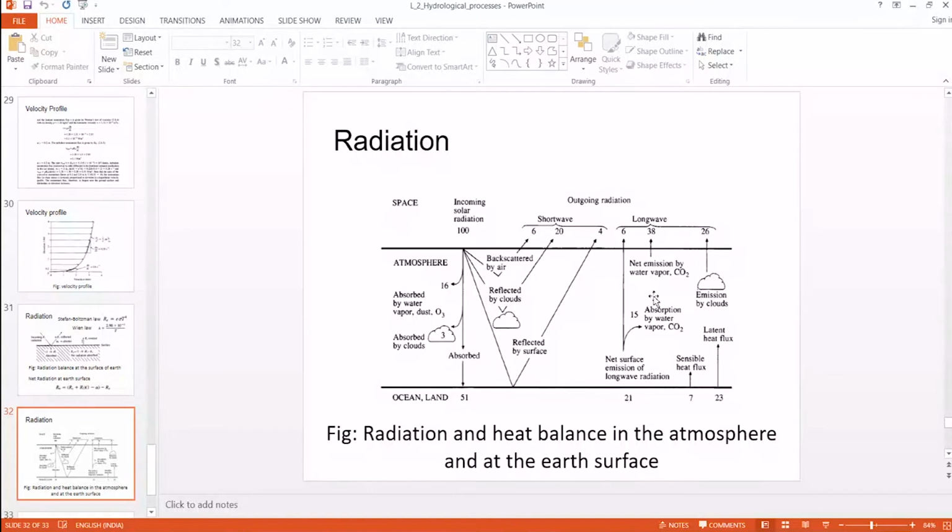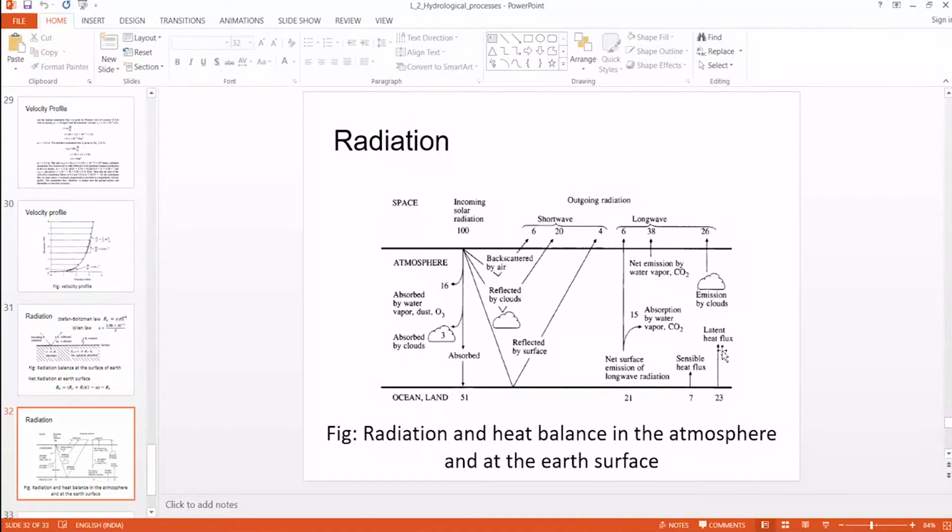Finally, the total of 51 plus 19 is 70 units, and that 70 units again goes back to space as long wave radiation.